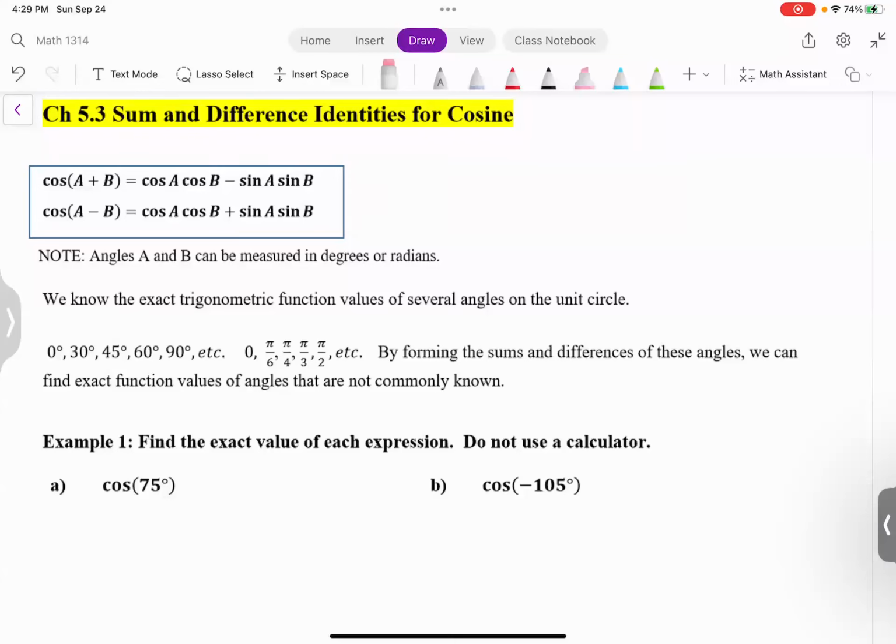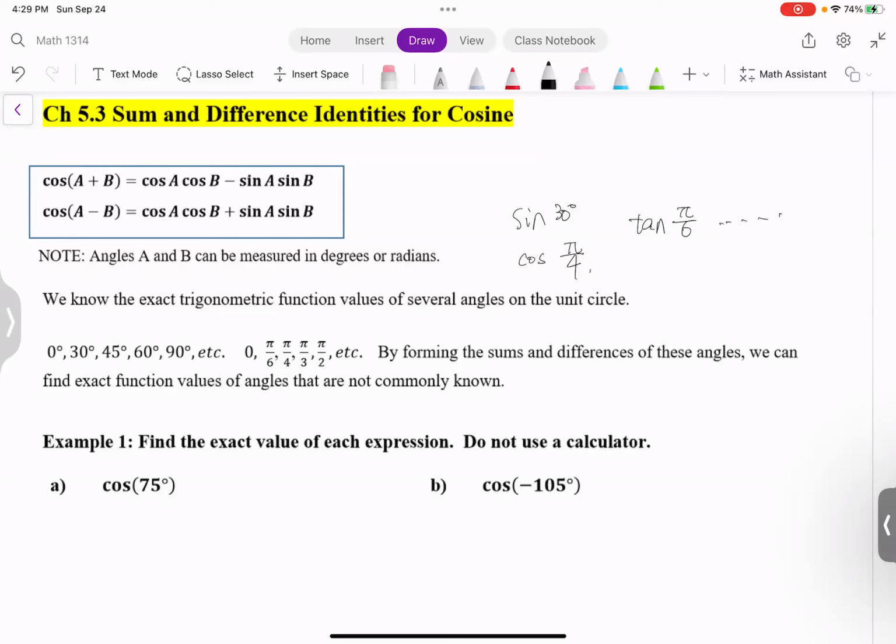The angles A and B could be in degree or radian mode. We know the exact trigonometric function values of several angles on the unit circle. For example, I know sine 30 degrees, cosine pi over 4, tangent pi over 6, and a lot of exact trig function values.